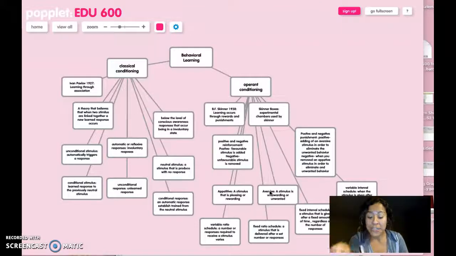And then your positive punishment right over here and your negative reinforcement are usually together, and they involve the aversive stimulus, which is an unwanted stimulus.